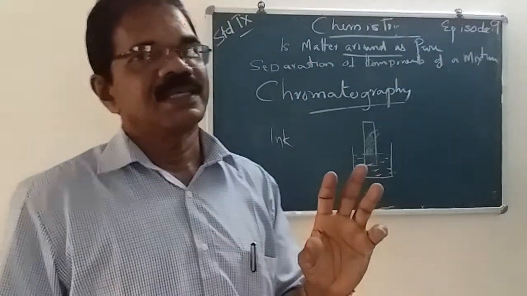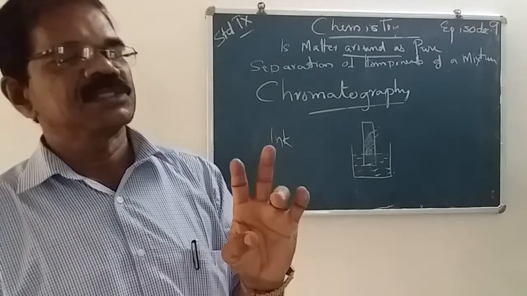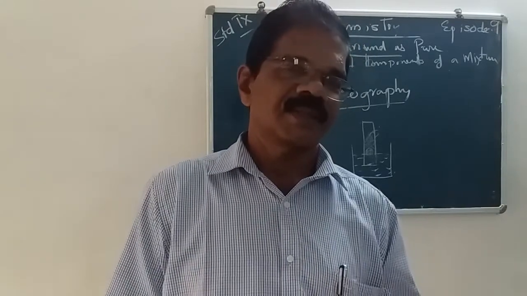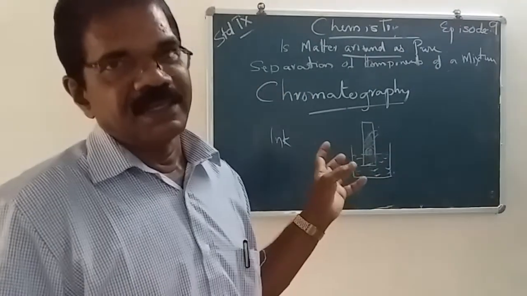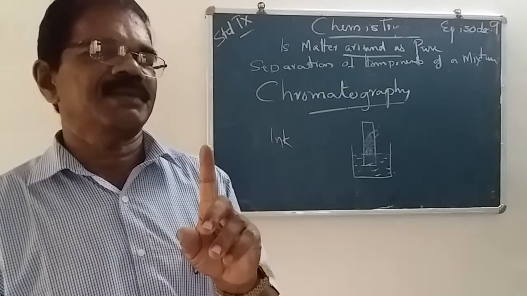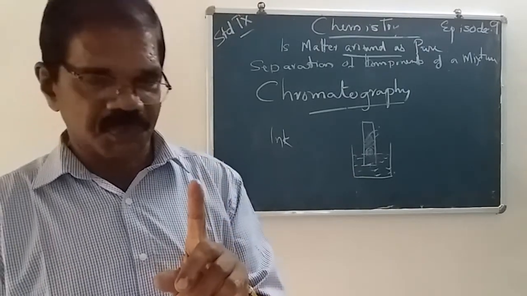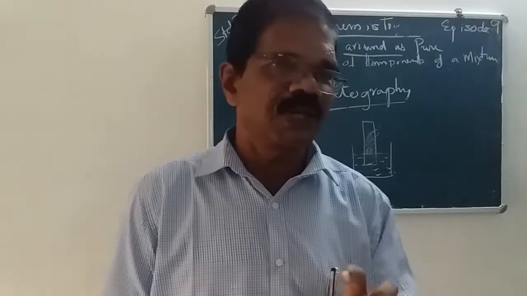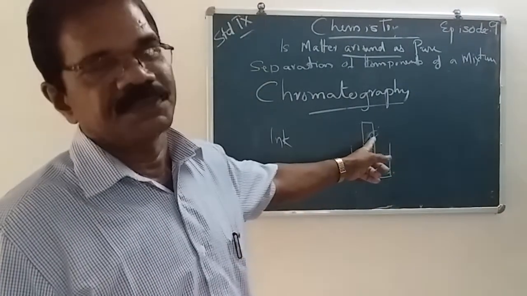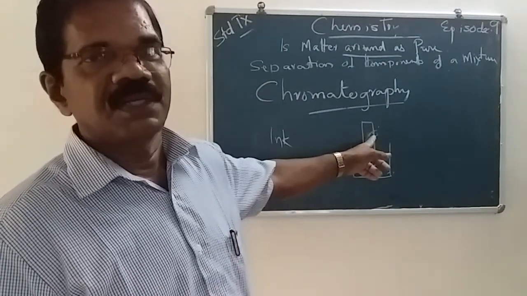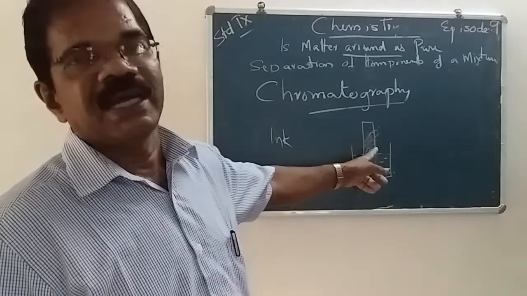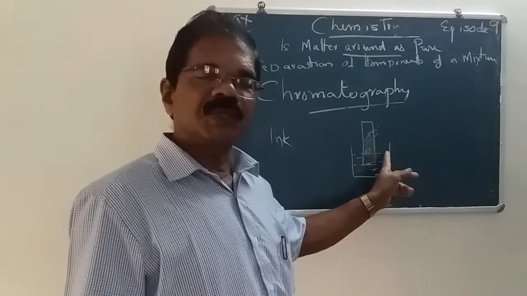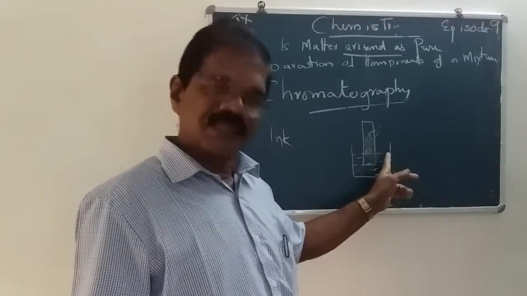The principle: ink is a mixture of different solutes dissolved in the same solvent, and the solubility of the different solutes is different. The solute which is more soluble rises to the highest part, and the one which is less soluble stays at the bottom of the filter paper. So this process depends upon the solubility of the solutes in the ink.